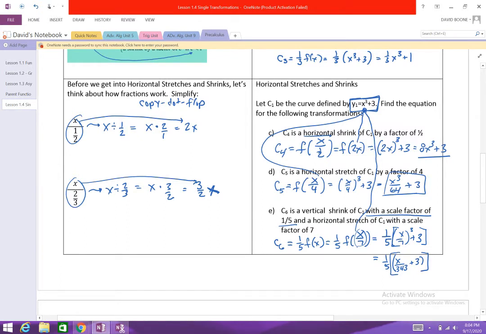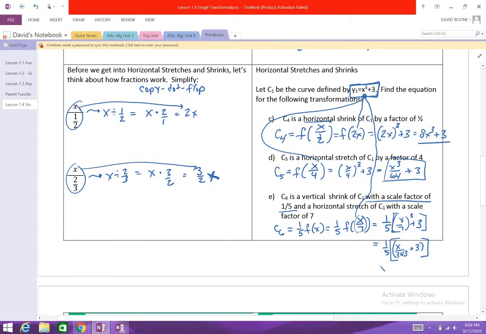But now I've got to just take and distribute that 1/5 to everything. So this would be x to the third over 5 times 343 is 1,715. And then plus 1/5 times 3 is 3/5. And this is our C6 equals.